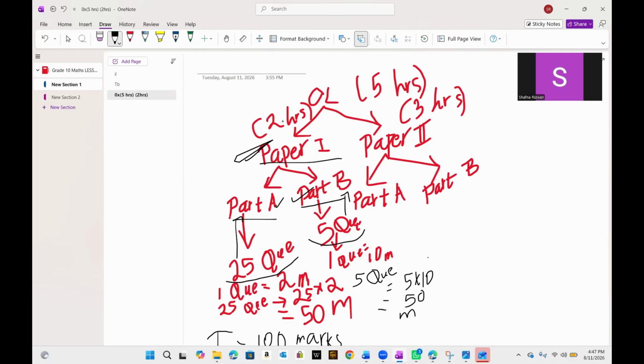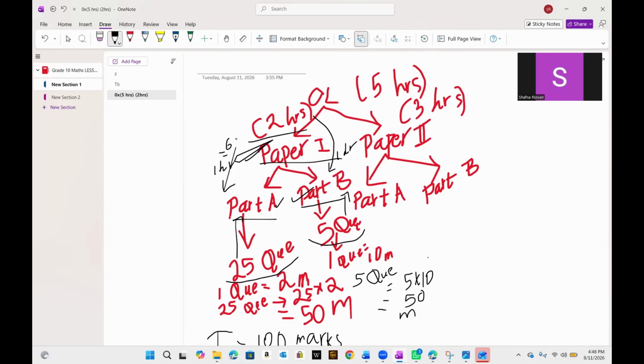Okay, and the time given is 2 hours. Then what can you do here is, if they have given you 2 hours, we are going to separate this time separately for part A and for part B. So you have to take 1 hour for part A and 1 hour for part B. If you take 1 hour for part A, how many minutes do you have there?